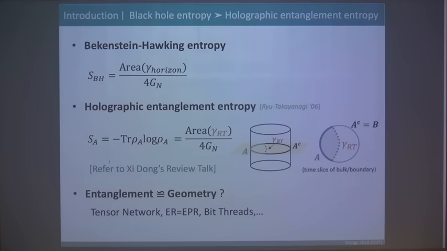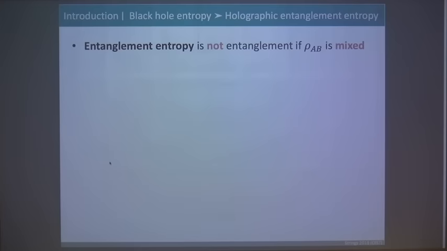But we have to be careful that the entanglement entropy is not always entanglement. If you have a reduced density matrix rho AB, which is a mixed state, then the entanglement entropy does not represent the entanglement nor correlations at all.